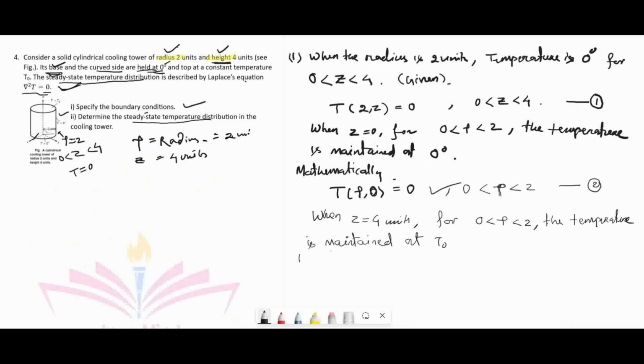So mathematically, T(rho, 4), when R is equal to rho and Z is equal to 4, the temperature is T0 for 0 less than rho less than 2. Equation number 3.